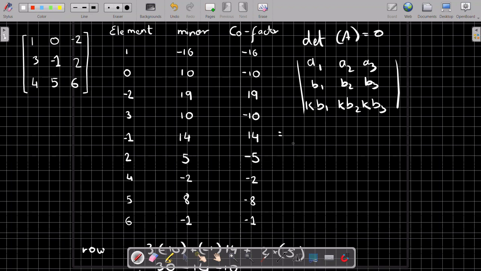Now we saw the scalar property, where if one row was multiplied with a scalar, then our det becomes k times that number, right?